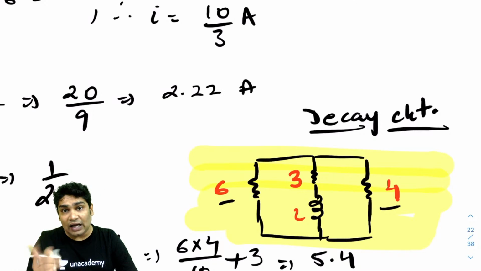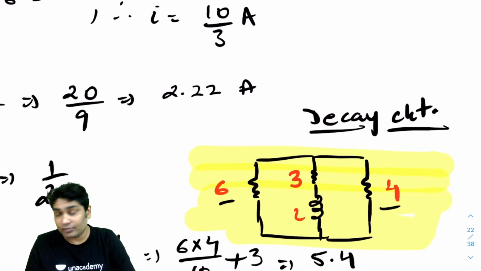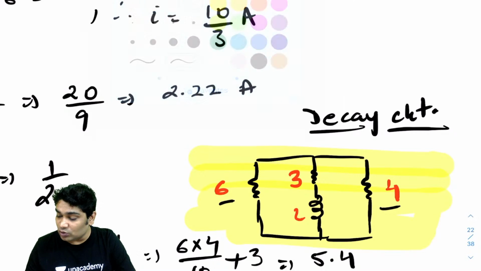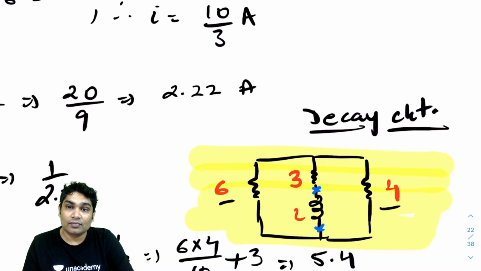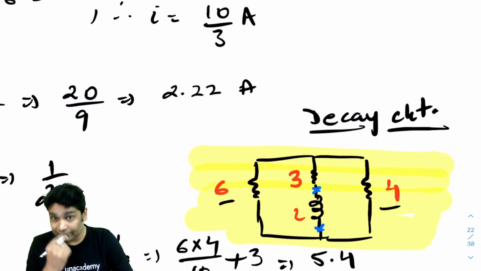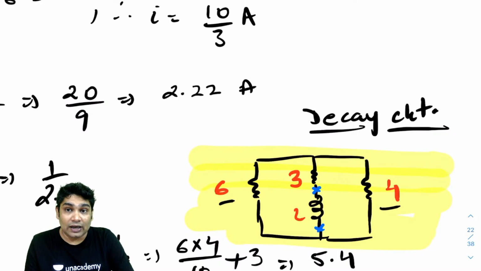What would have been the R equivalent of the circuit? The R equivalent of the circuit would be the equivalent resistance between these 2 points. I hope you followed that. So when judging the R equivalent of the decay circuit, always remove the initial power source and treat the inductor as the battery.